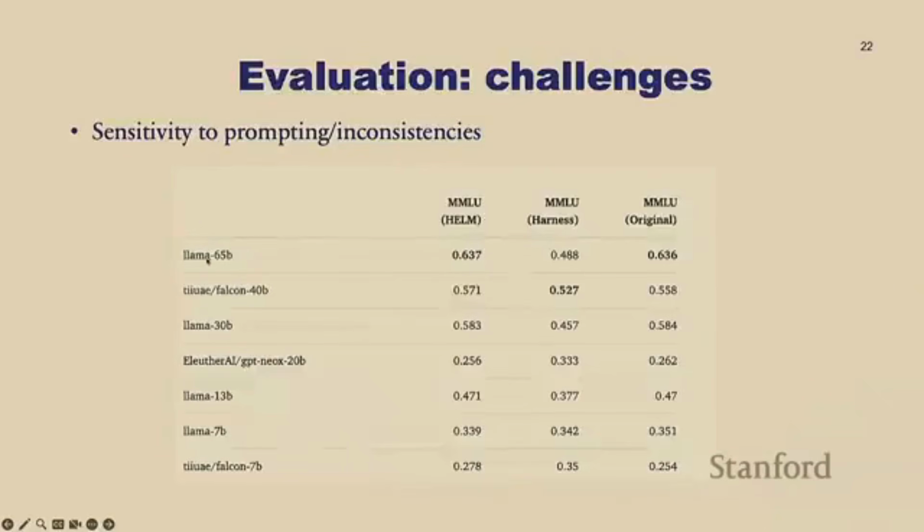For example, Llama 65B, which was the first model of Meta in the Llama series, had 63.7 accuracy on Helm, but on this other benchmark had like 48.8.